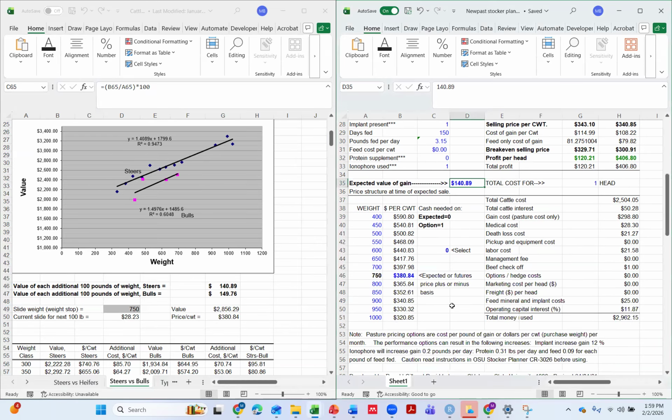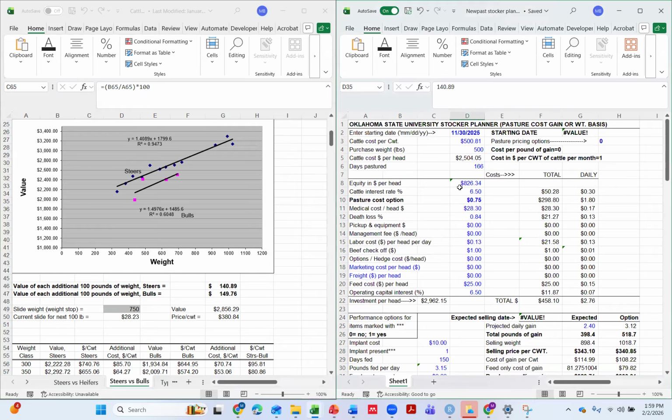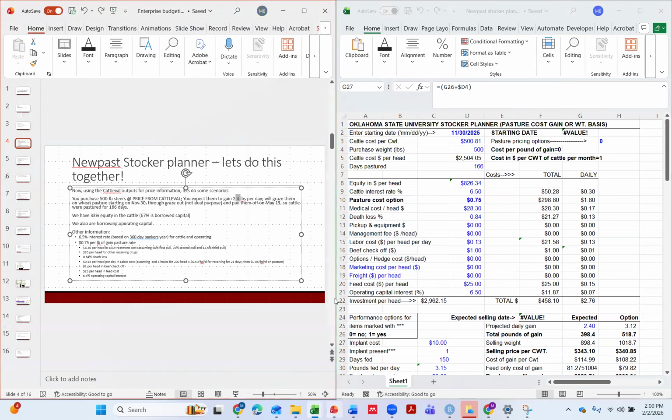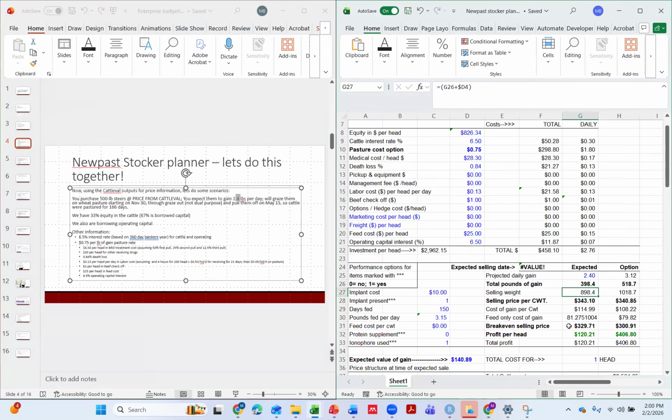Okay. Now, here's an important caveat. This stocker planner is a planner, right? So we can't read a crystal ball and say exactly what a 9 weight is going to bring when we're going to sell them in May. We don't know that.